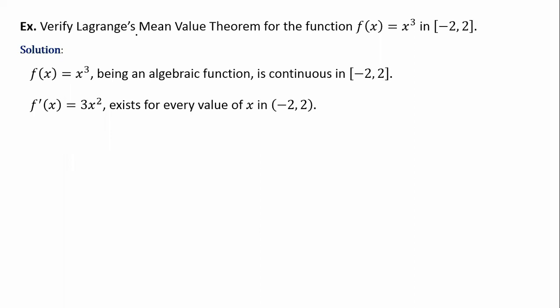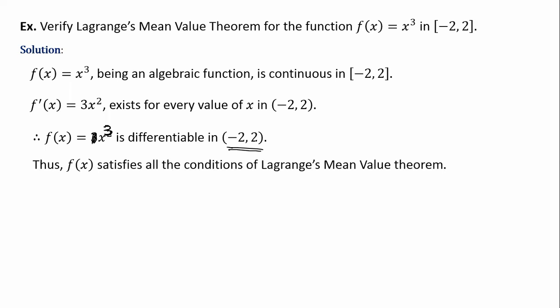Then the derivative is 3 x square, and in the open interval minus 2 to plus 2, you can pick any value of x; 3 x square is going to be finite. So we can say that f(x) equal to x cube is differentiable in the interval minus 2 to plus 2.